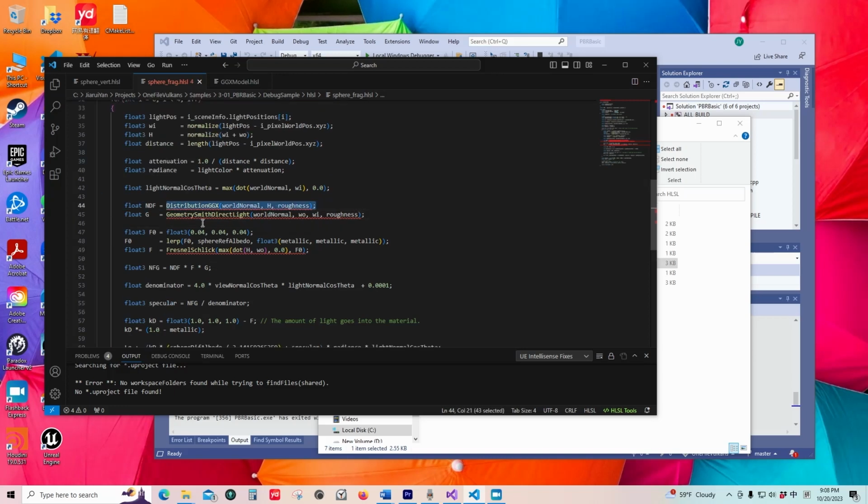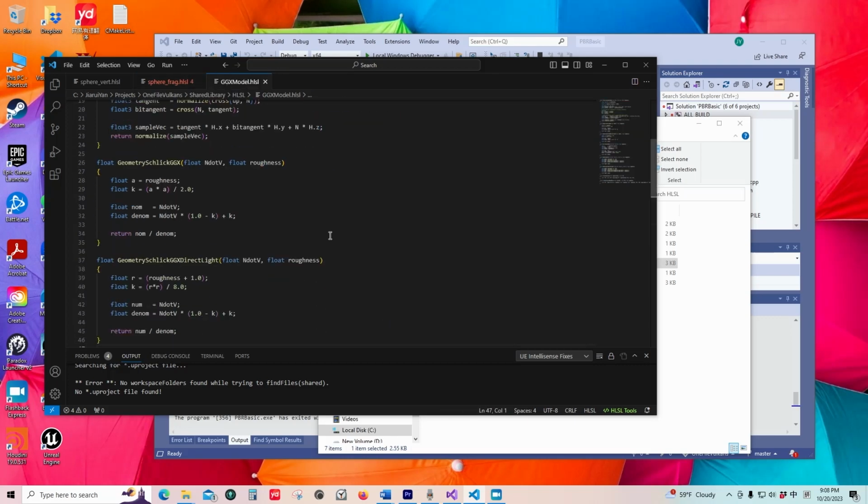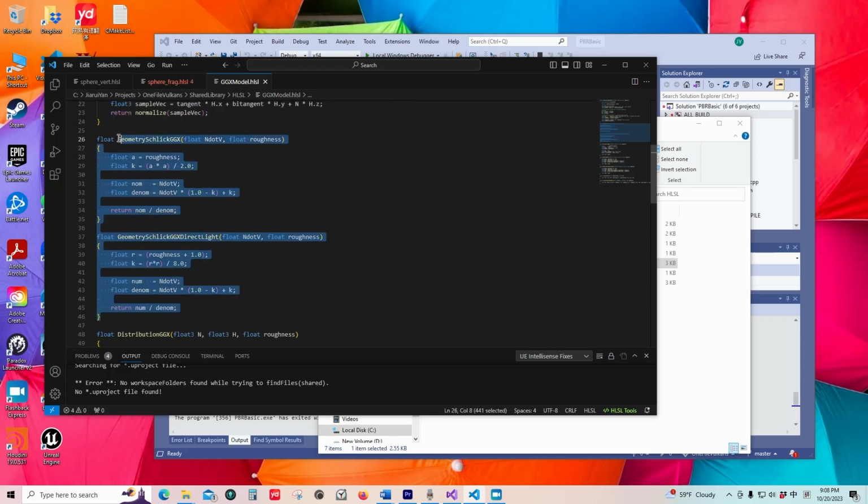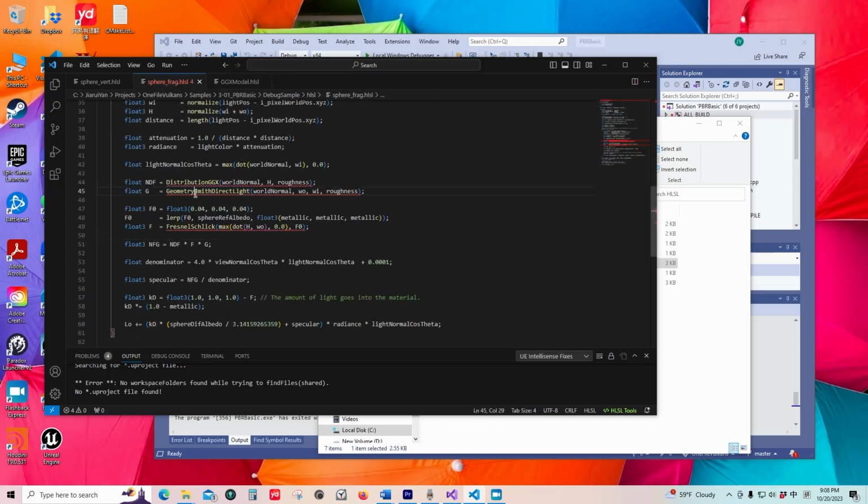We use the distribution GGX to get the NDF, the normal distribution function, and this is our geometry function. If you take a look at Learn OpenGL, you may figure out that the direct light's geometry function is different from the image-based lighting geometry function, so I separate them out. Then we get F0. This is for materials like plastic, whose reflection color is basically gray, so we just give them 0.04 here.